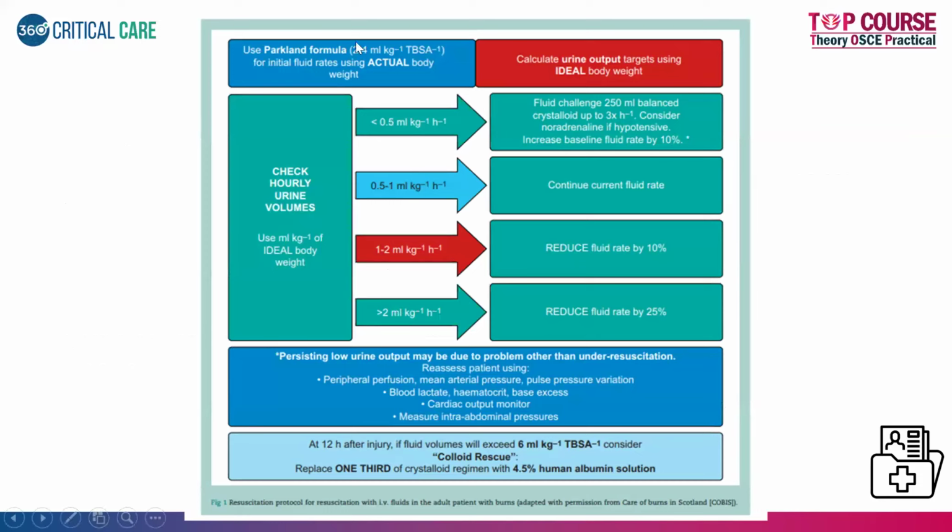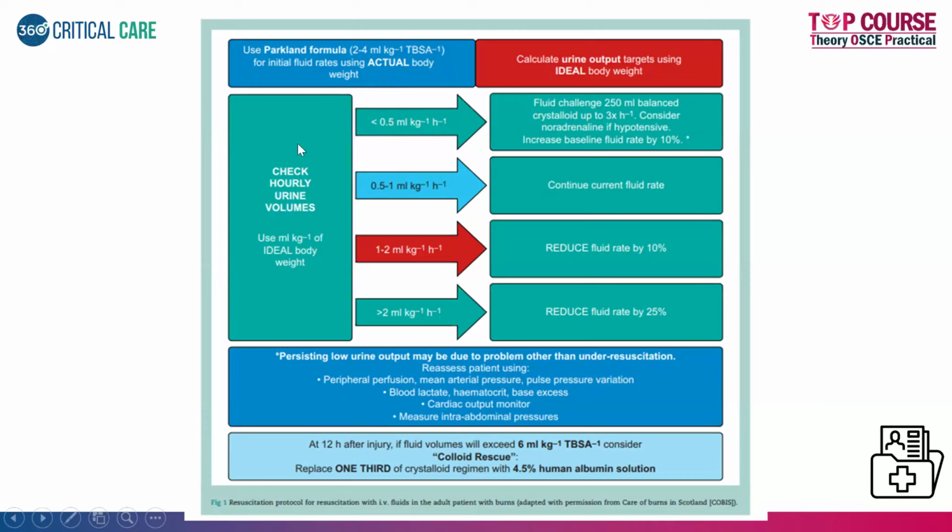Initially, what they said is instead of using 3 to 4 ml per kg, start with Parkland's formula at roughly 2 ml per kg, and start resuscitating the patient. Once you are able to reach 0.5 ml per kg per hour urine output, you can continue with the same fluid management.